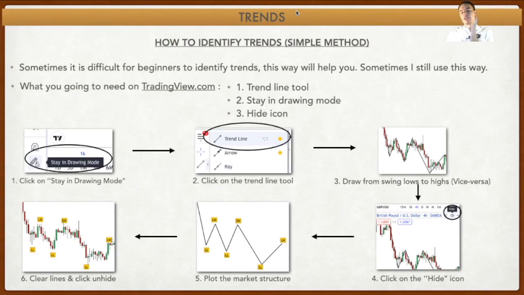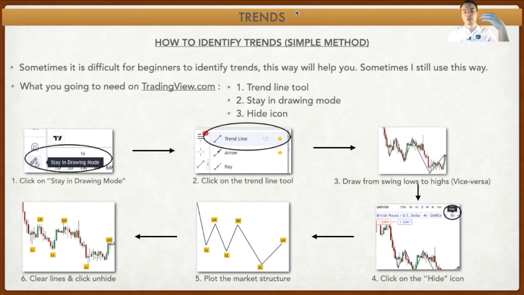Then third, you want to draw from your swing lows to your swing highs, or from your swing highs to your swing lows, as you can see in that third picture. Number 4, click on the hide icon. This will make your candlesticks disappear. Number 5, you can now identify your market structure with these lines you created with your trend line or arrows.